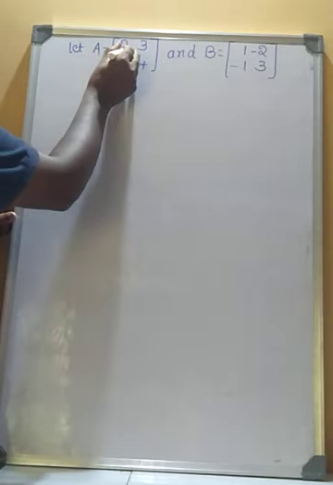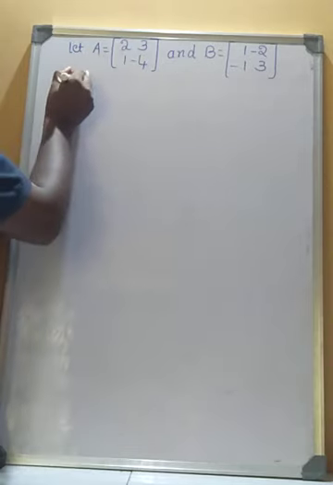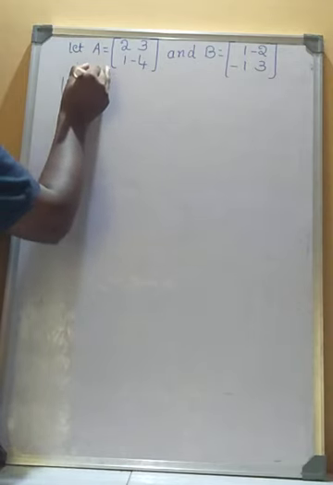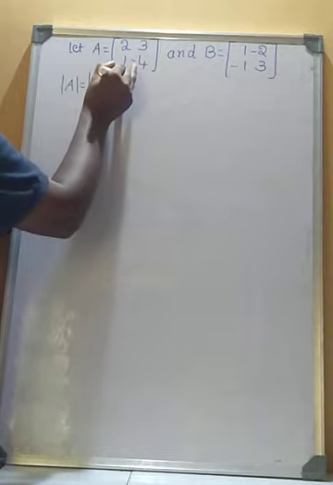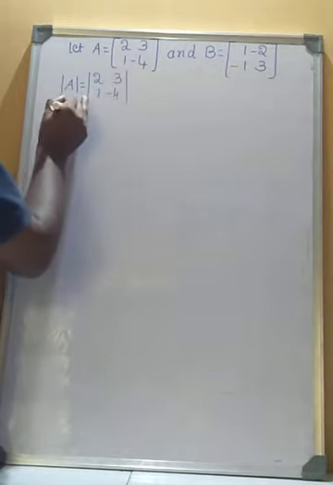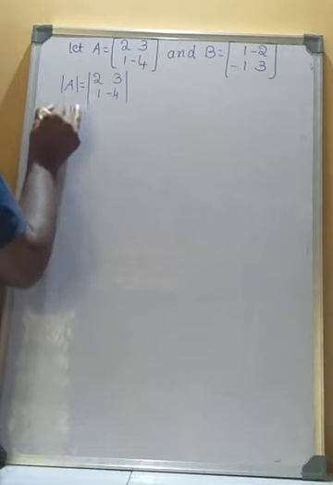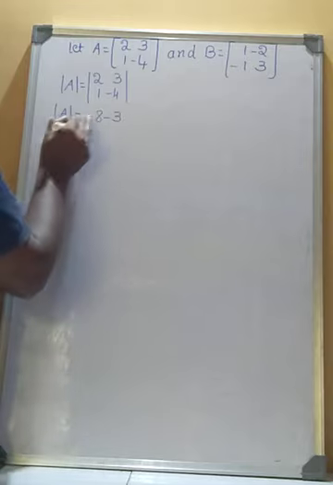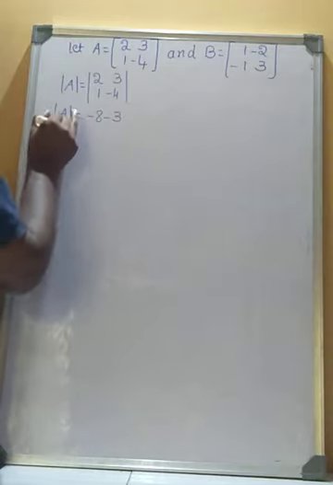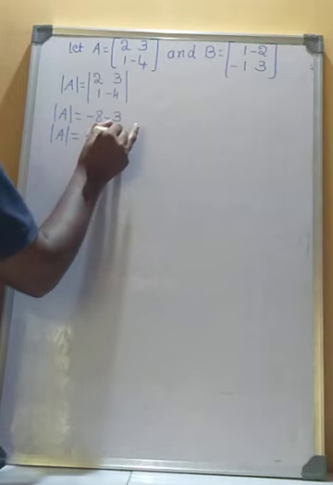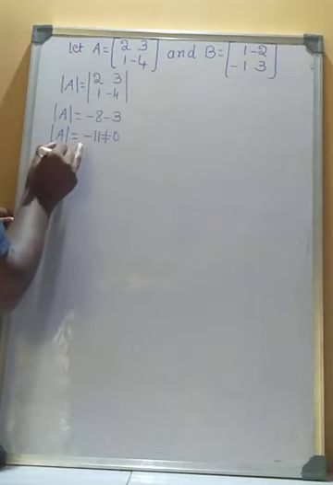Let A is [2, 3; 1, -4]. Find determinant of A, equals determinant of [2, 3; 1, -4]. Therefore, determinant of A equals minus 8 minus 3, which is minus 11, not equal to 0.